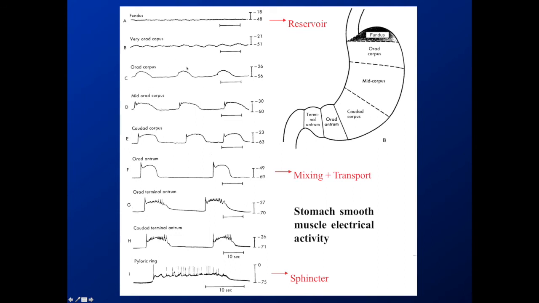And you can see that you see 3 of these slow waves in the corpus. And then as you go down, now you've taken these cells out of the stomach, and they set their own rate of firing. And similar to the heart, if you were to remove the sinus node, then the ventricular myocytes or the atrial myocytes will fire at their own rate, but slower.